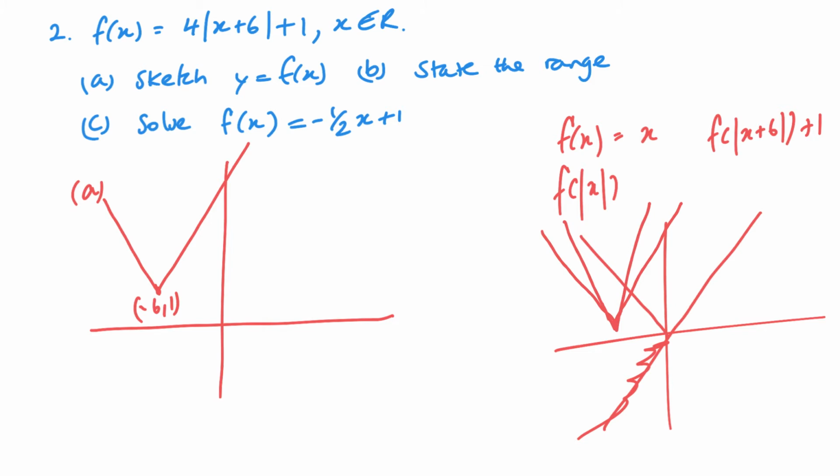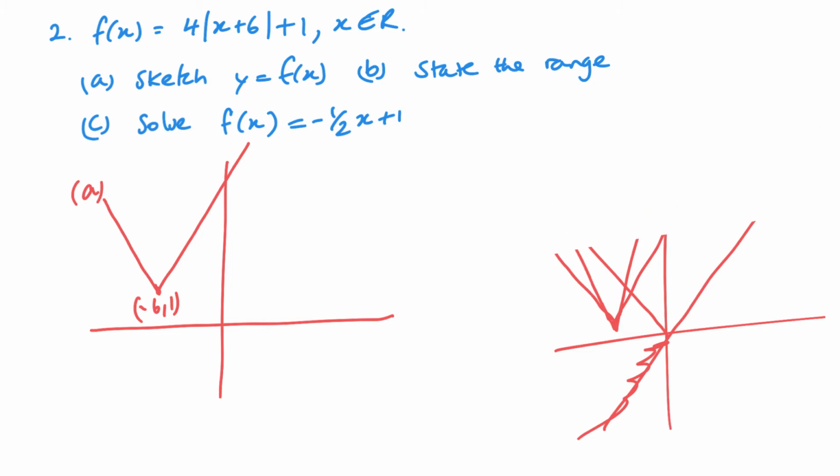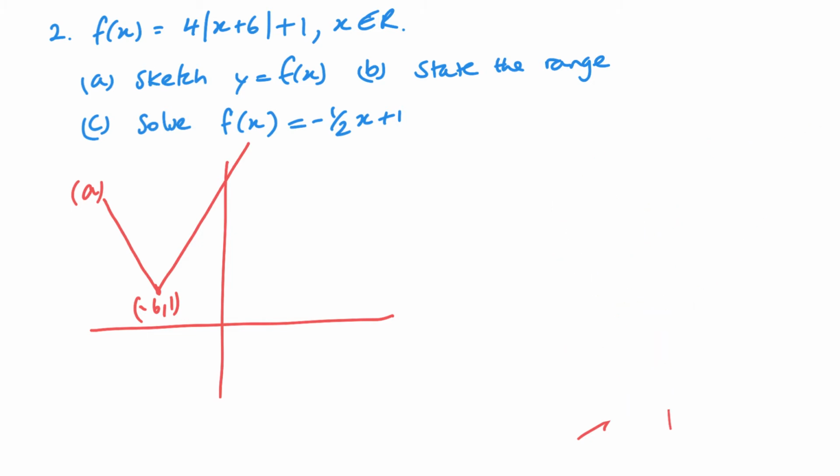So if you're having a little bit of trouble drawing these or seeing what they look like, start off from the more basic graph, just a standard, in this case y equals x graph, and build it up from there. So this one is a mod of x graph, and then you've got a transformation, and that might help you draw them if you're a little bit unsure. Okay.